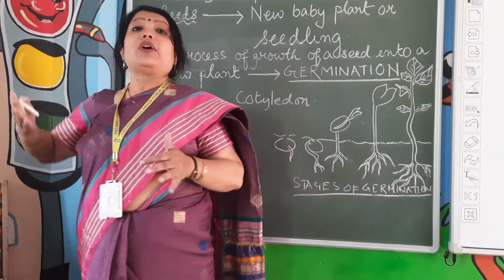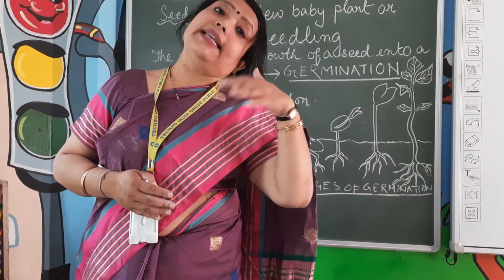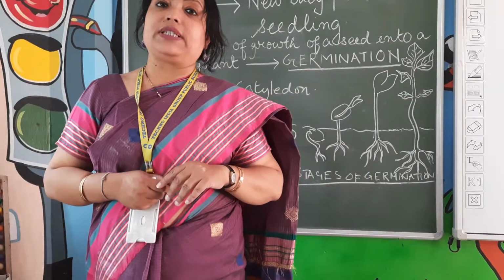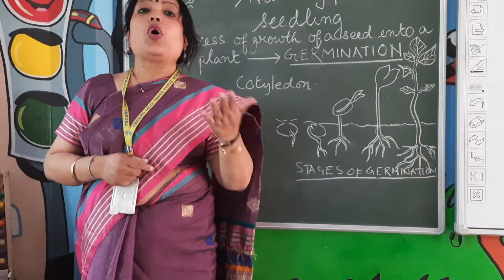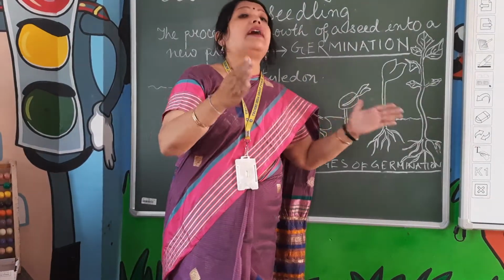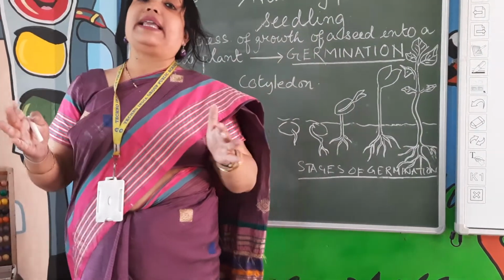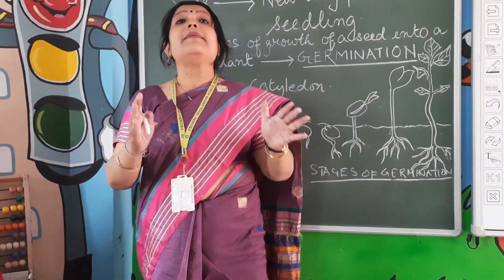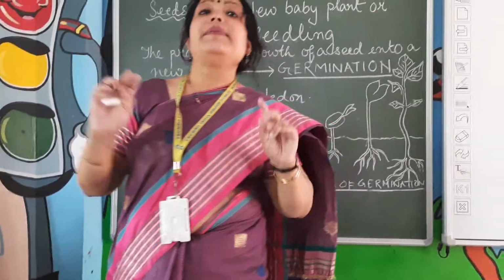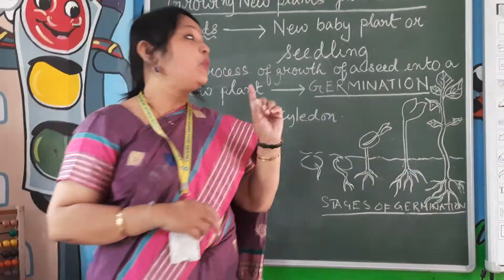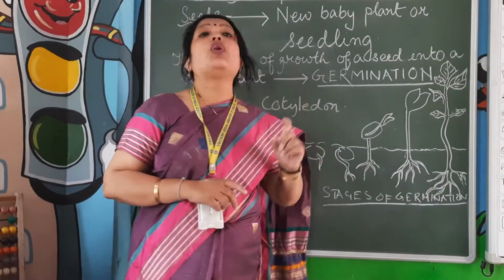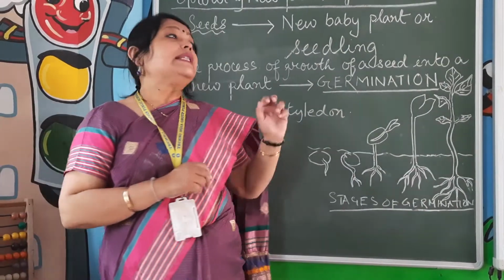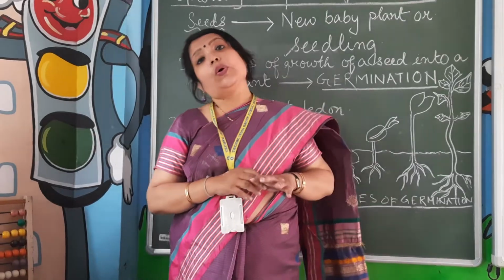Depending on the number of cotyledons, whether 1 or 2, plants are divided into monocotyledonous and dicotyledonous plants. Mono means 1, di means 2. So plants having 1 cotyledon are monocotyledonous, and plants having 2 cotyledons are dicotyledonous.